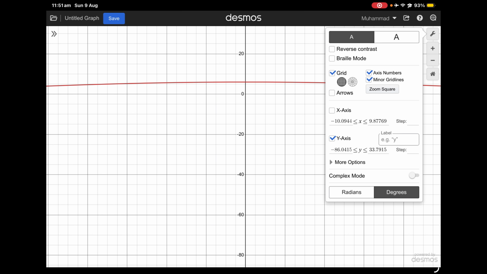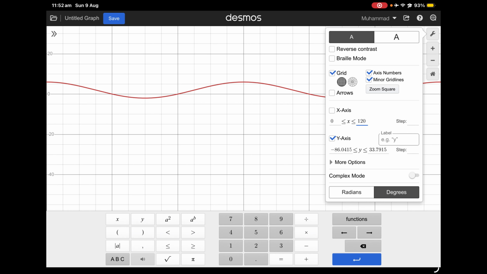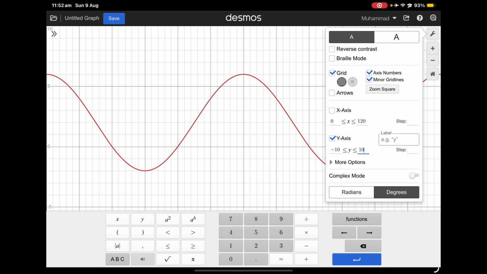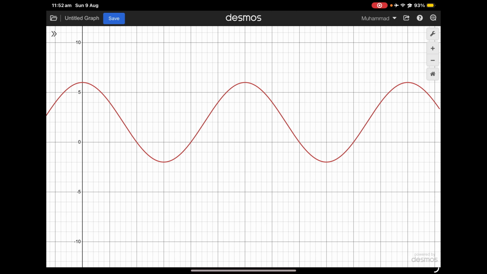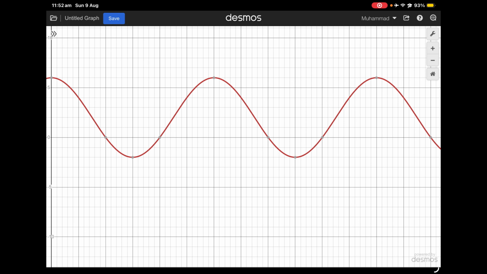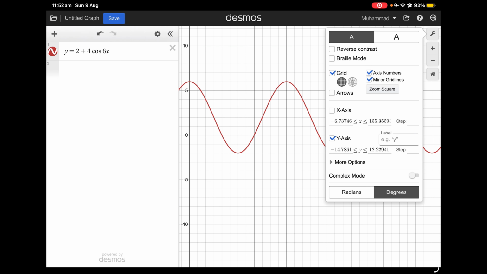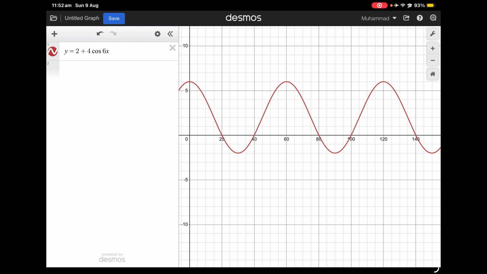They did not put in the right coordinates. This is minus 10 to 10. I think I removed the x-axis. Yeah, that's why. I was just wondering what happened.